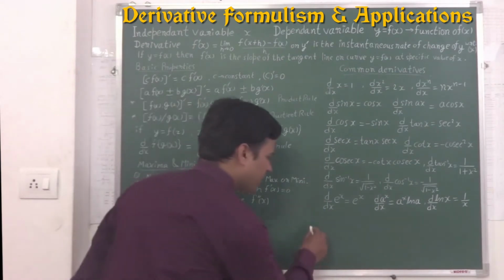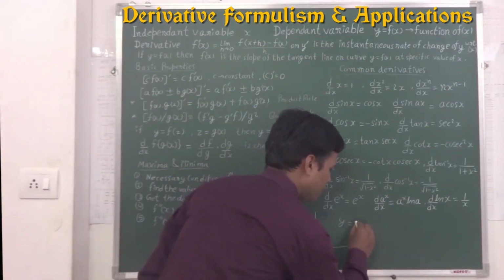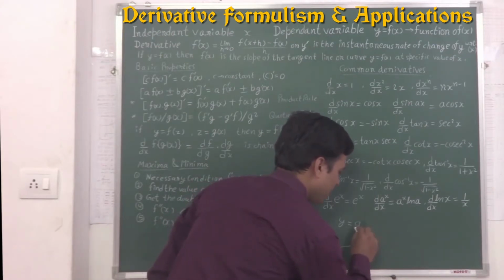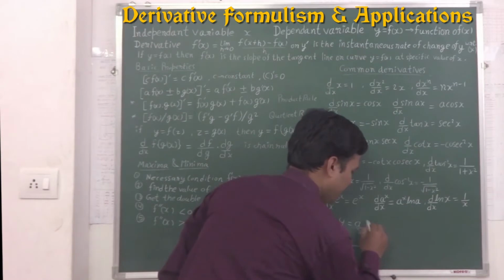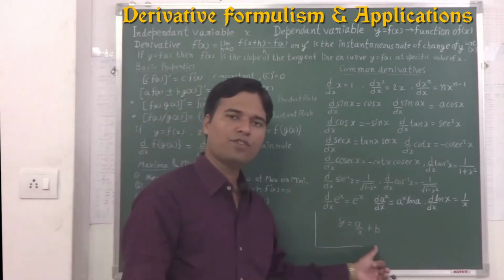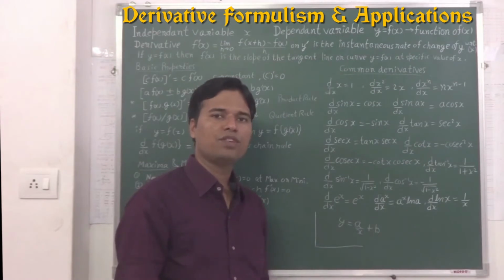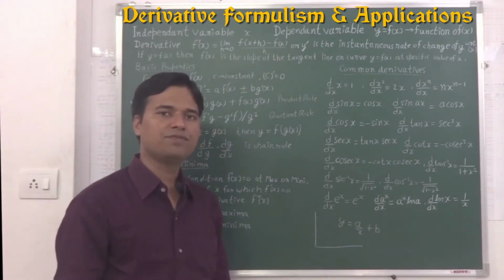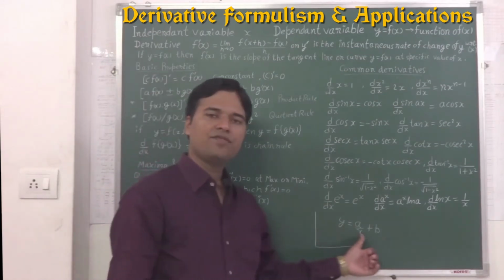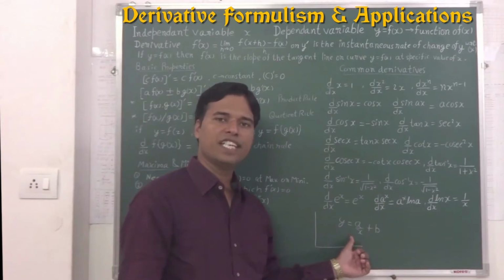If there is a function like y equals a upon x plus b, and we want to find the slope of the tangent at any point of this curve, then we will have to find the derivative of y with respect to x.